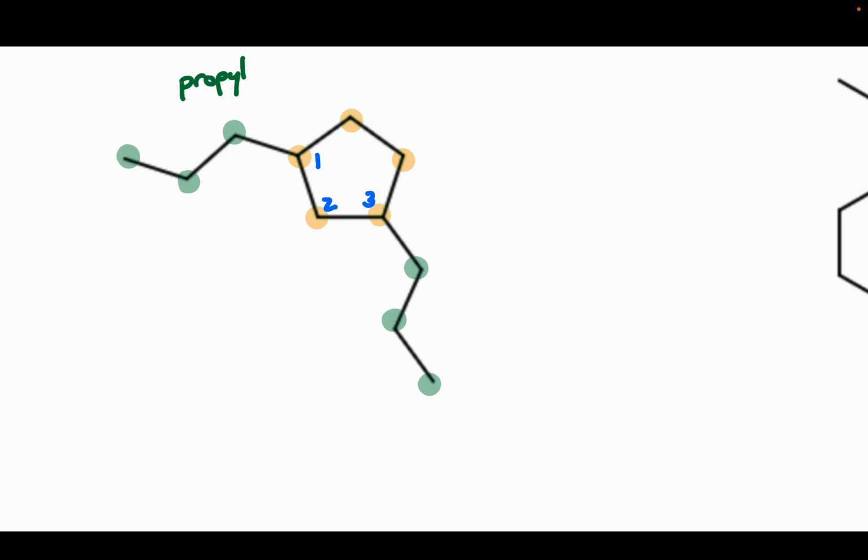And that's important because there's also a 1,2-dipropyl cyclopentane, and that's a different molecule, right? So we have to include those locants in our name. 1,3-dipropyl cyclopentane.